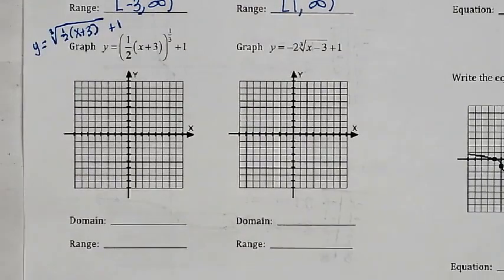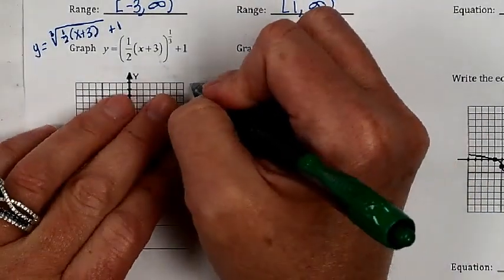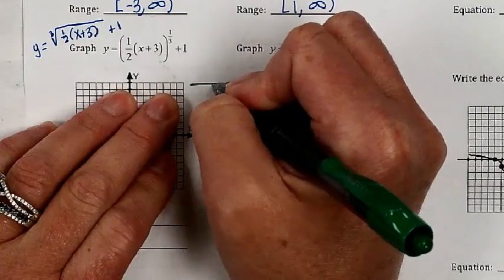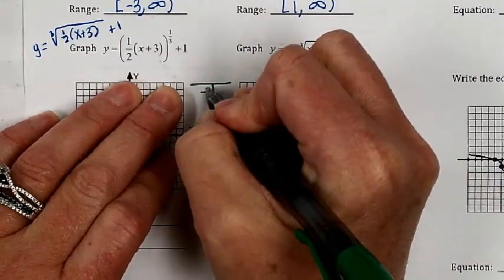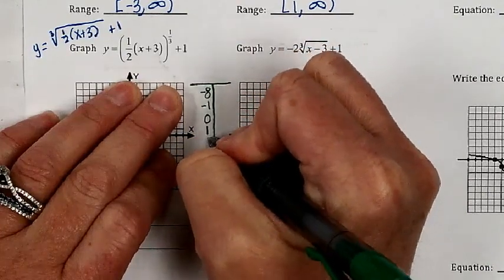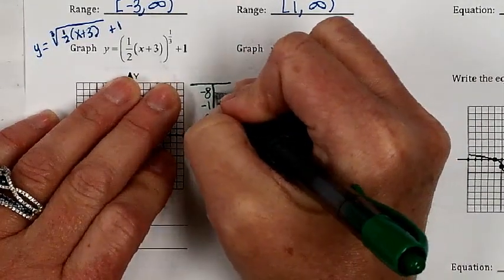Alright, now, parent function table. So this would be the -8, -1, 0, 1, and 8. And for the y is -2, -1, 0, 1, and 2.